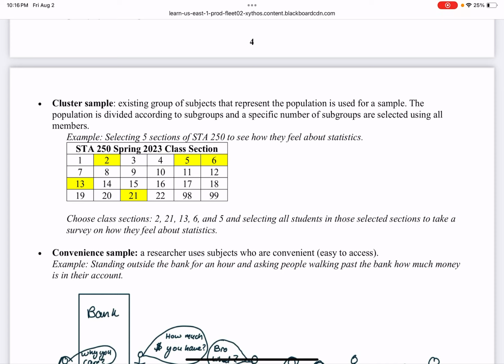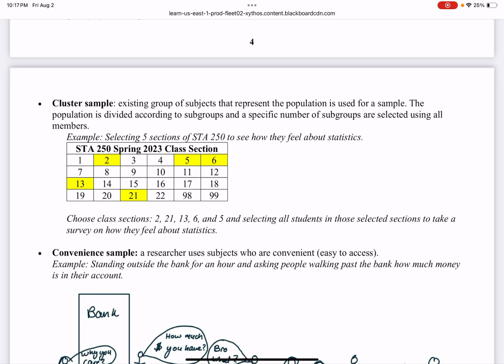For example, if I take all the sections of Stats 250 that is offered, this is from the spring 2023, by the way, I am going to select 5 sections of Stats 250 at random to see how they feel about statistics. So we randomly selected Section 2, Section 21, Section 13, Section 6, and Section 5. And if you are a part of those 5 sections, then you will be administered the survey about how you feel about statistics.